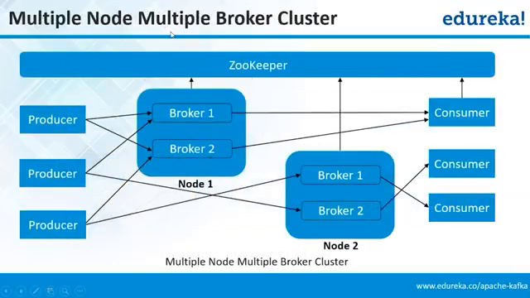Okay, great. So let's briefly also touch base on the multiple node multiple brokers model. Primarily this kind of setup is recommended for production use, and this is how you could have any number of partitions, any number of topics for your scalability needs, and with high availability and failover with replication, say with a replication factor of 2 or 3.